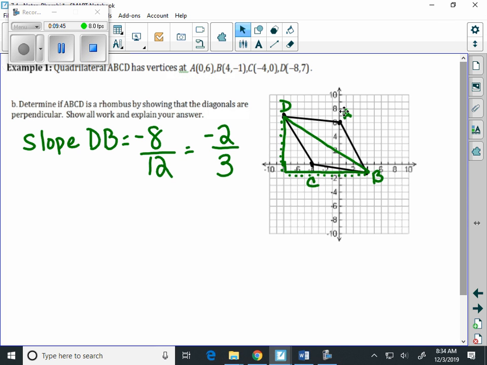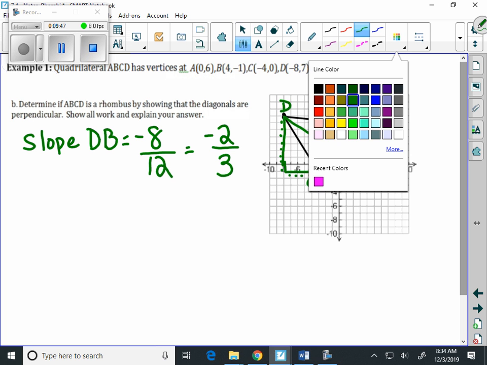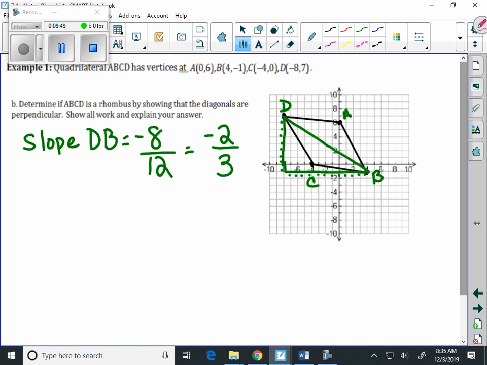And then when we look at our other diagonal, it's going to be the slope of CA. Again, we'll make our triangle, and I can suggest that you use colored pencils to keep track of things, because this picture is pretty drawn up now.